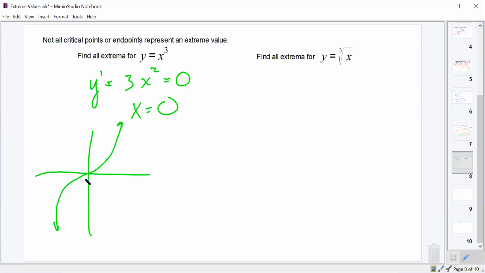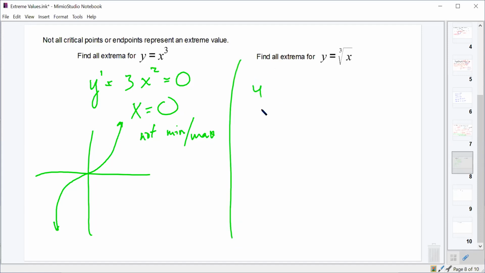No. So just because we had a critical value doesn't necessarily mean that it's a local min or a local max. Good? So you have to do some work to check, and we'll see more about what that work would be later today.